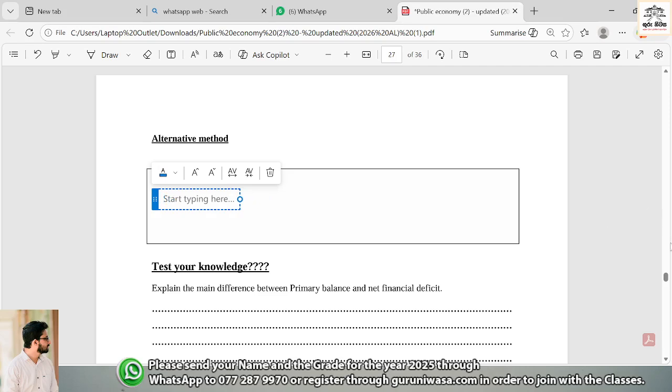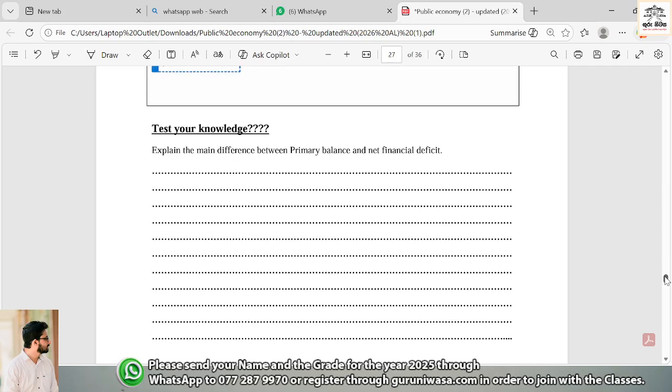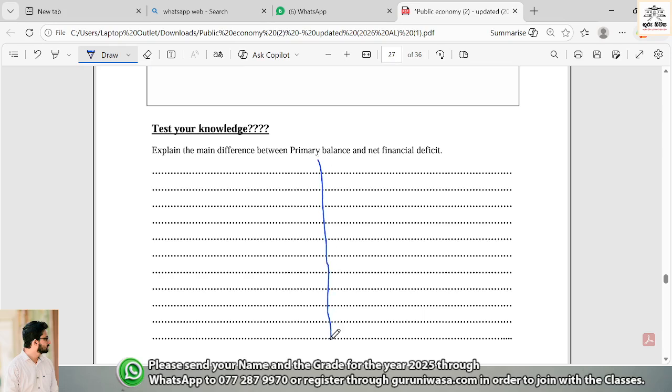Test your knowledge, number one. Explain the main difference between primary account balance and net cash deficit. As I told you, mainly two differences. Number one, write down.